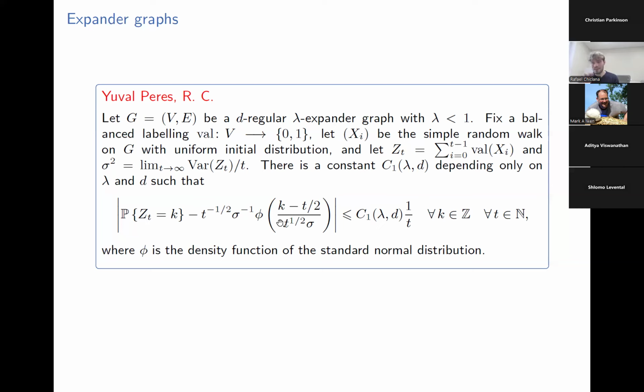So the value of the density function of the normal distribution for k. And the error is a constant that only depends on how good your expander graph is, the degree, and the dependence on time is 1/t. So the errors are of the order of 1/t.